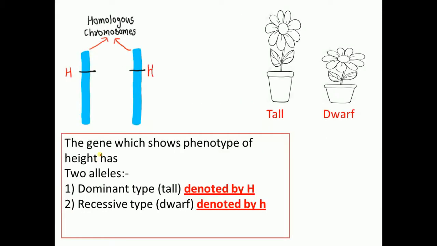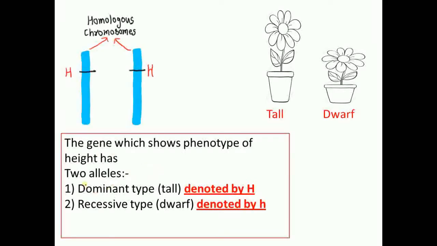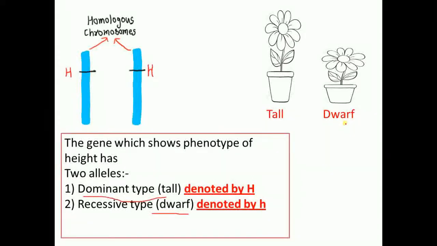So as I discussed, a gene has different forms of allele. Alleles are of two types: a dominant type denoted by capital H, which is responsible for the tall height, and the recessive type, the dwarf one, denoted by small h, which is dwarf in nature.